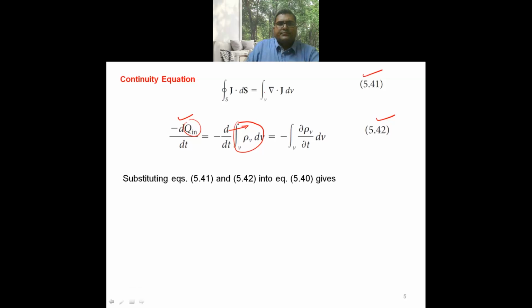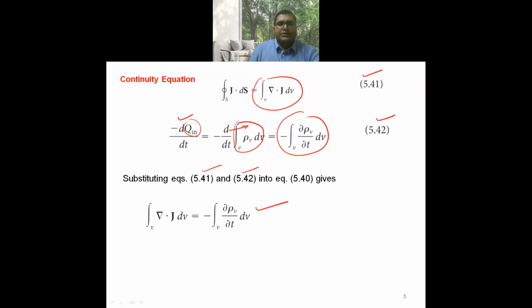Now here, if you observe the RHS, the volume integral of del dot J dv from 5.41 and minus the volume integral of dou rho v by dou t from 5.42, it becomes this equation. Here both are volume integrals.